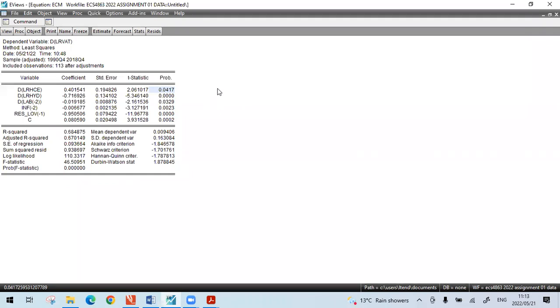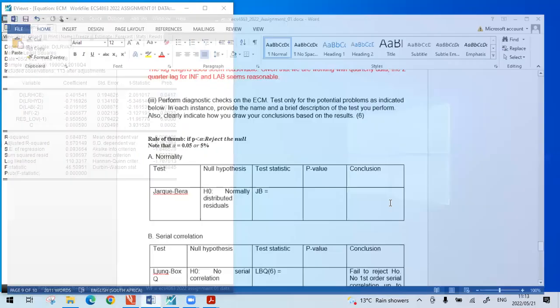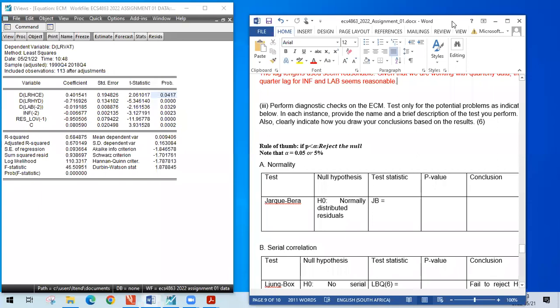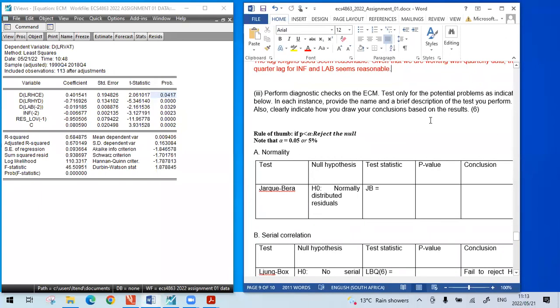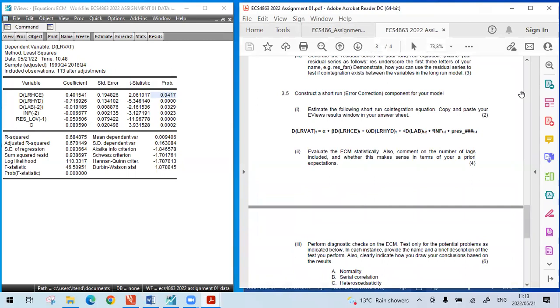Okay. This is what we are having, right? So we want to perform diagnostic checks on the ECM. It was like this, guys.